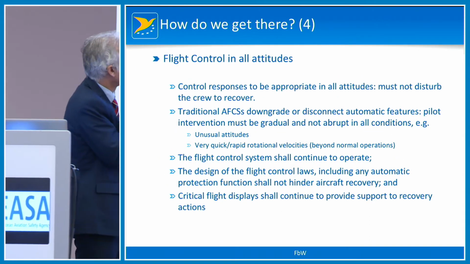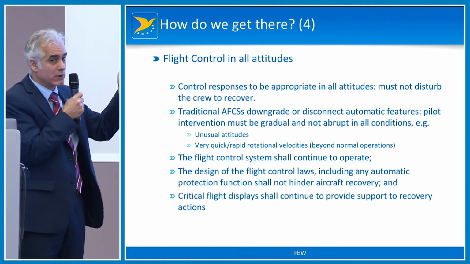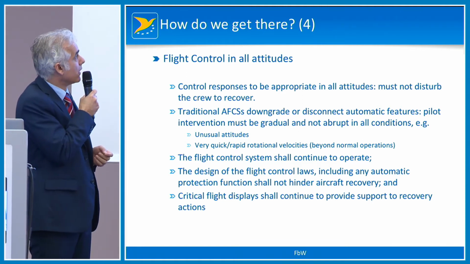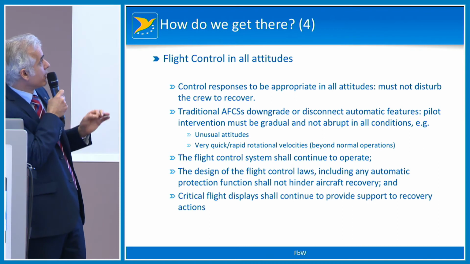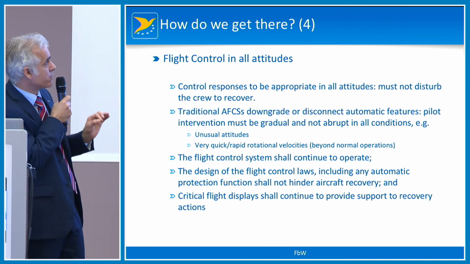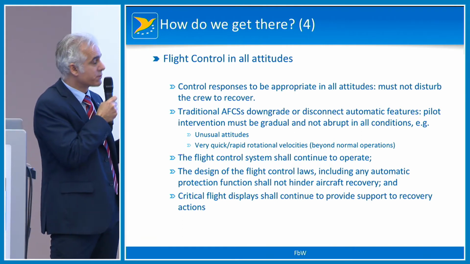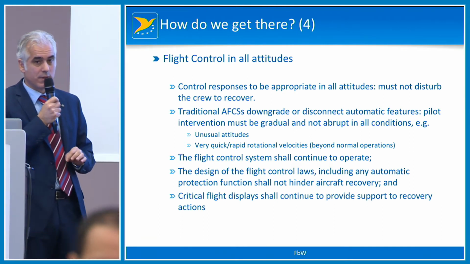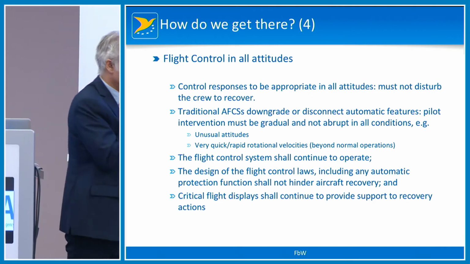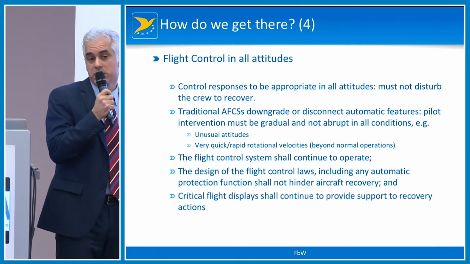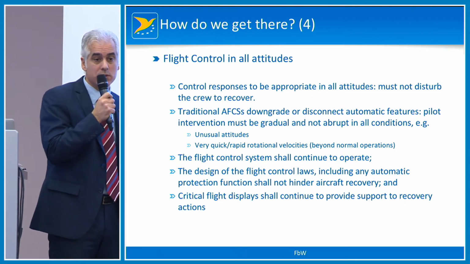So, the third part, flight control in all attitudes. Very important, the control responses have to be appropriate in all attitudes, and they must not disturb the crew to recover. That means unusual attitudes, possibly extreme flight conditions.